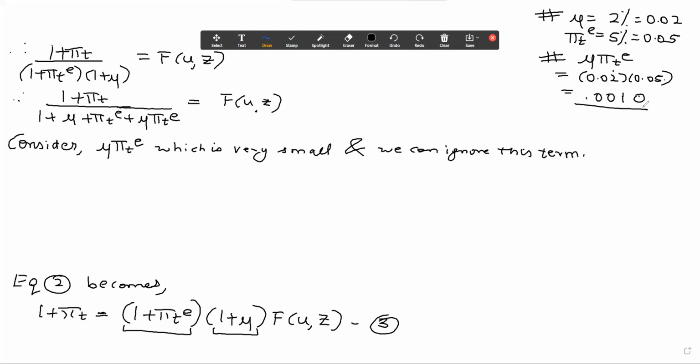Okay, so I hope all students are clear. So we can ignore mu times pi te. It's a very small term. So therefore my equation becomes 1 plus pi t upon 1 plus mu plus pi te is equal to, guys, what is this? F of u comma z is 1 minus alpha u plus z.